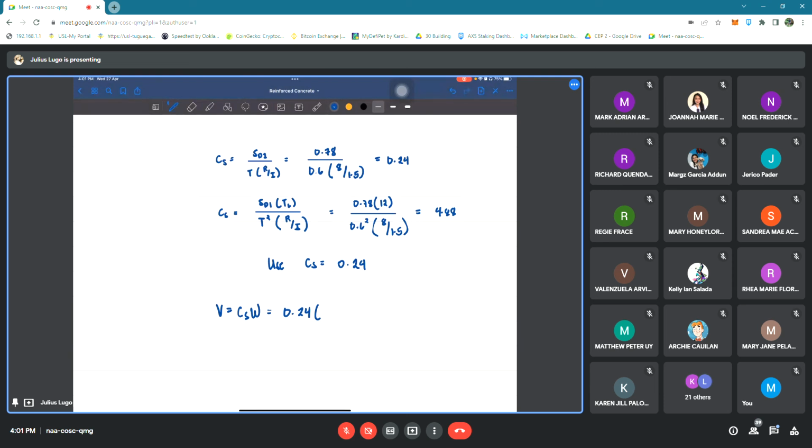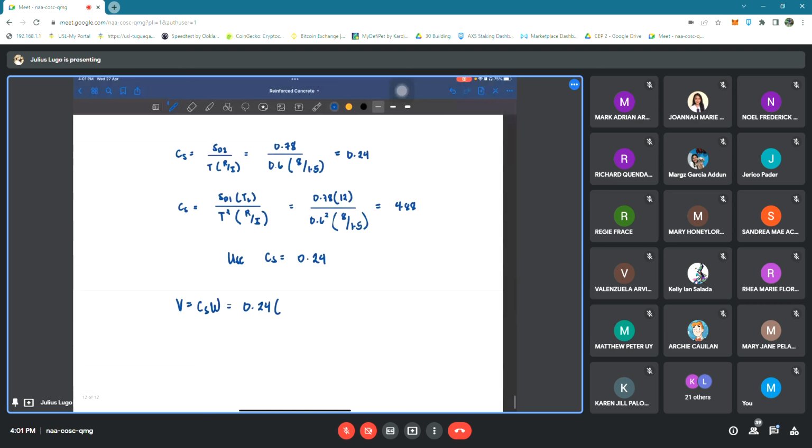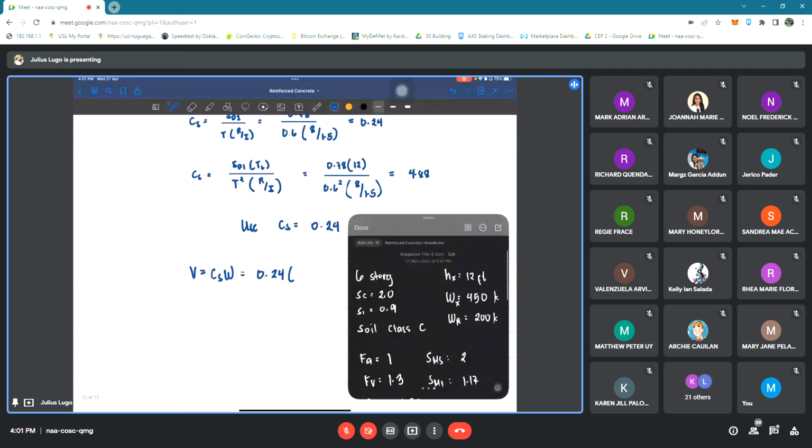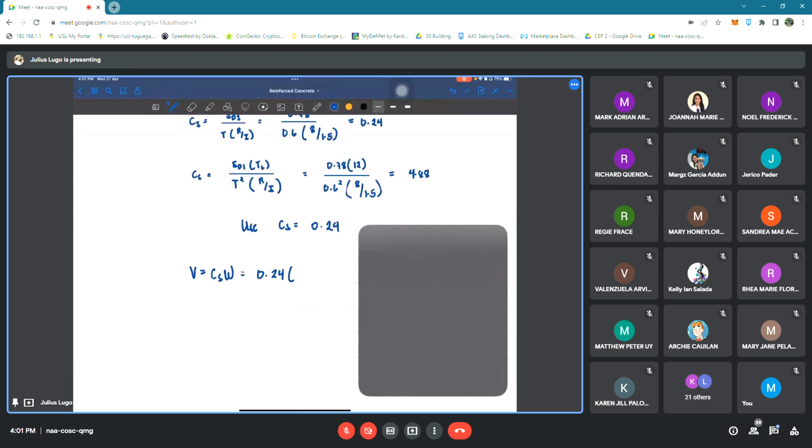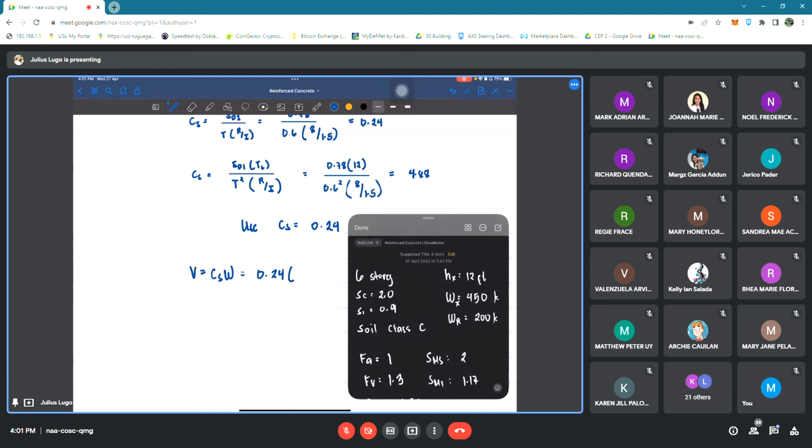What is the weight? Earlier, if we look at our list, the weight from level 1 to level 6 is 450 kilopounds per floor, and the roof weighs 200 kilopounds.